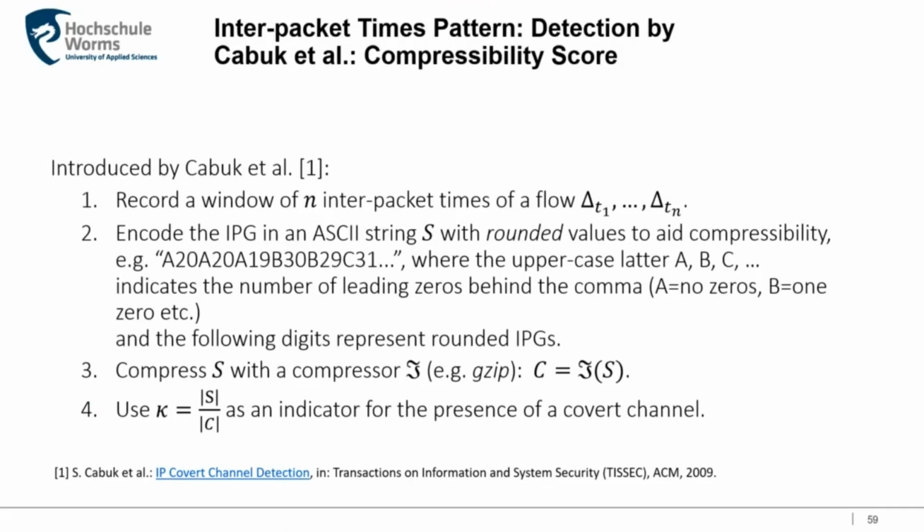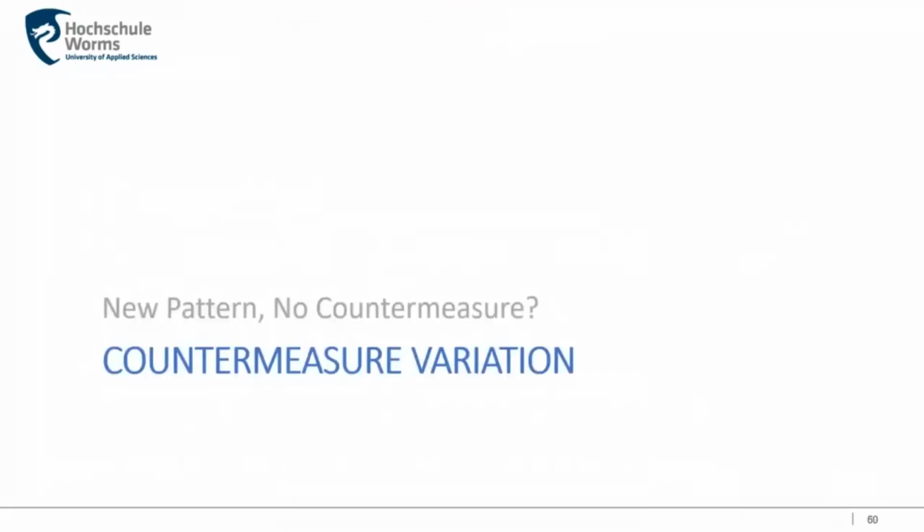If you have an artificial signaling, then you have the same few symbols occurring over and over again, like 0.2 and 0.5 seconds or something for secret 0 or 1 bit. So compressibility is high. In the end, it's an entropy measure. These are standard and very much cited.